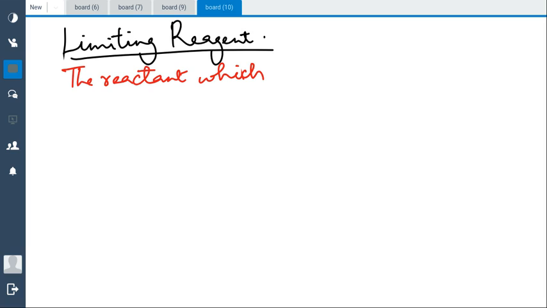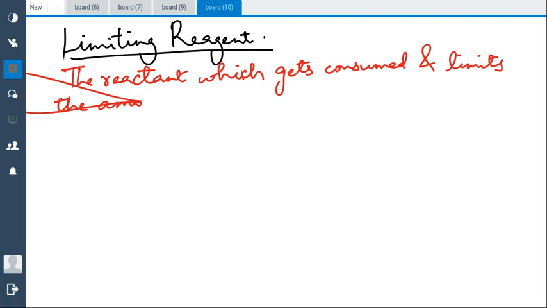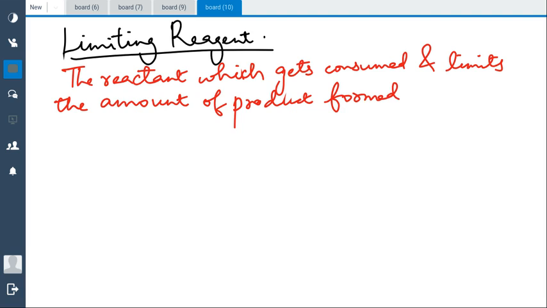The reactant which gets consumed and limits the amount of product formed is called limiting reagent.